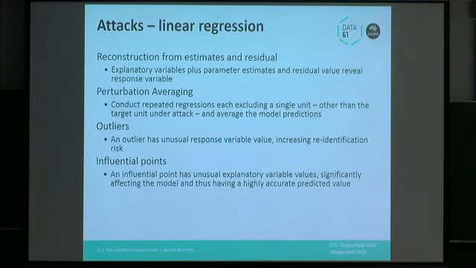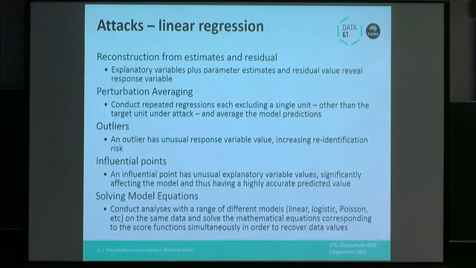If you've got an influential point in your data set, then it will pull the regression line to it, have a small residual, and therefore your estimates are very close to the true value, which can be a disclosure problem. There are also transformations you can do on data that produce influential points. So you actually need to think about restricting transformations as well, or solving your model equations.